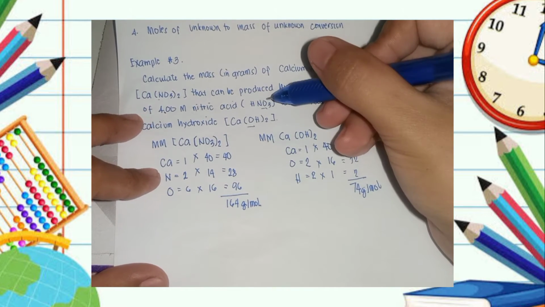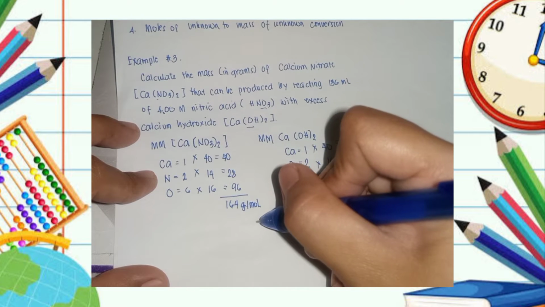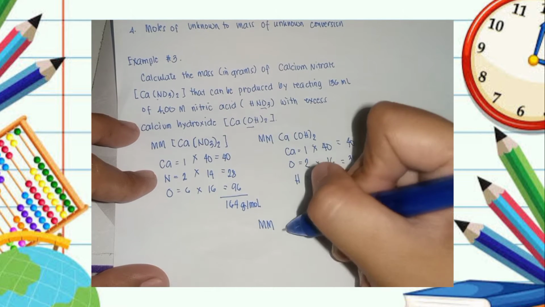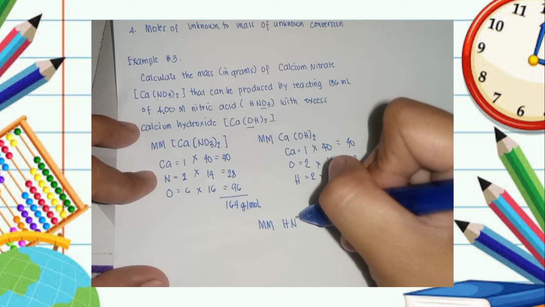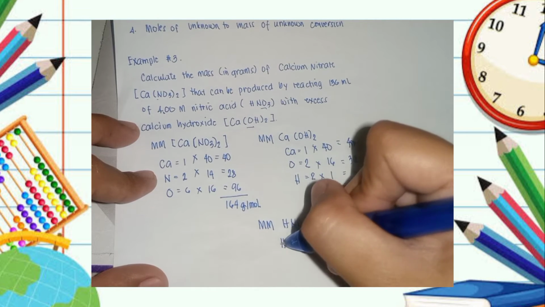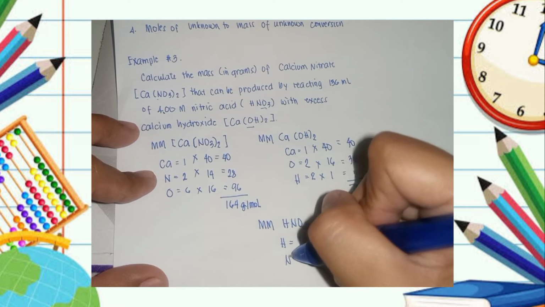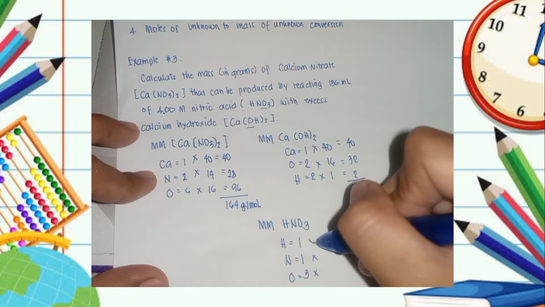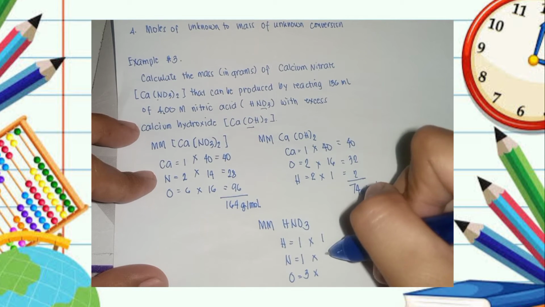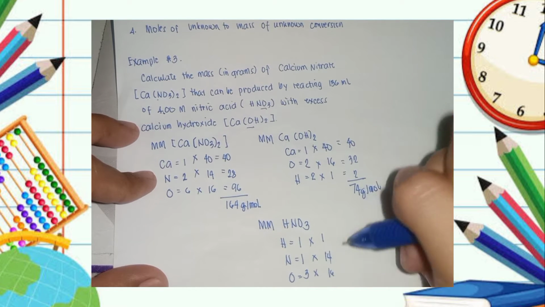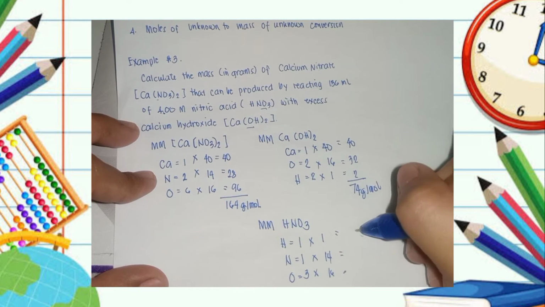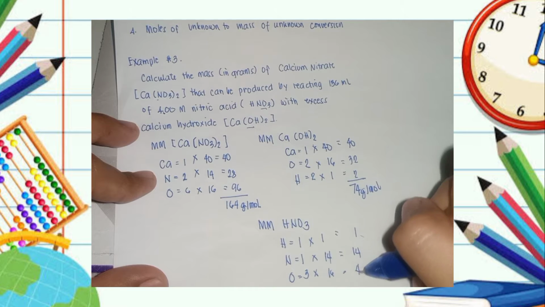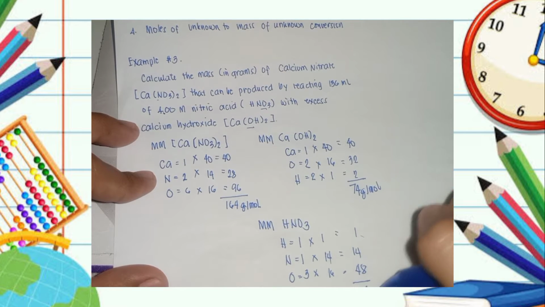And the molar mass of nitric acid, HNO3. We have hydrogen, which is 1, nitrogen 1, oxygen 3, times their masses, which is 1, 14, 48, a total of 63 grams per mole.